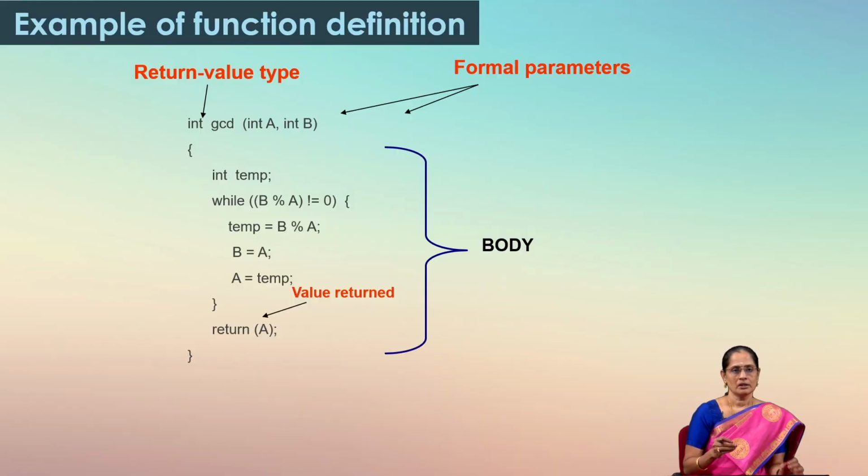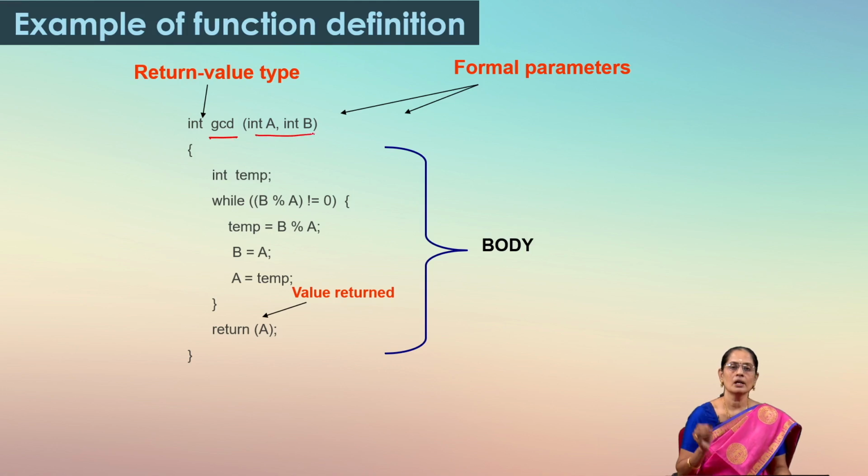So, let us take another example to calculate the GCD of two numbers. Here we need two values as input to be passed on to the function. The input to be passed on to the function we are passing through parameters or arguments. So, here I define the function with the name GCD and two parameters.